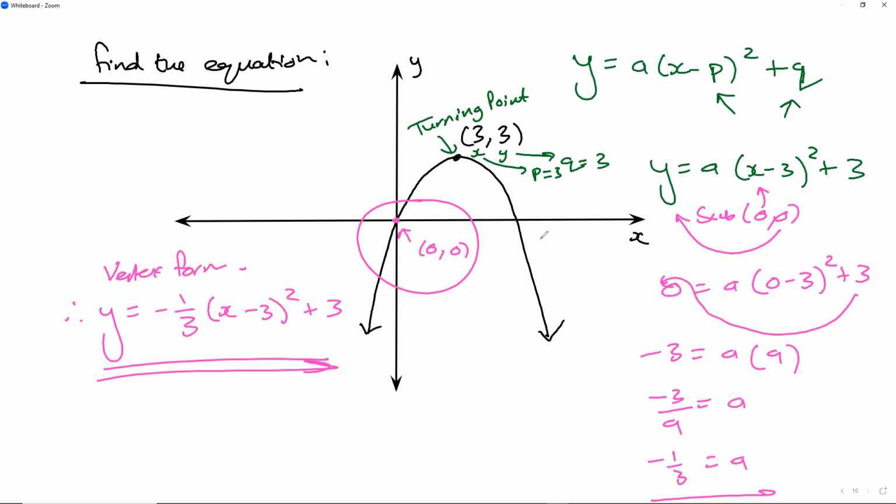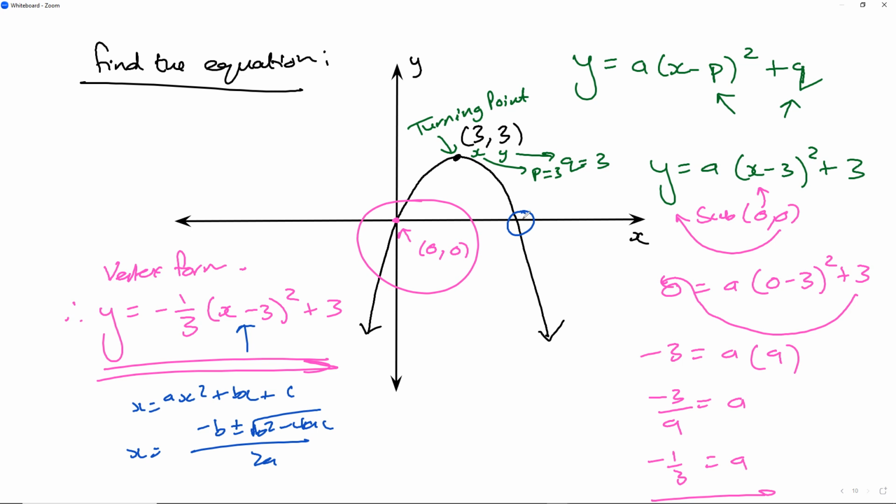I could use the quadratic formula and get my other x value, but there could be another way. How do I find this other x value over here? I'd have to multiply this out, get it into the form ax squared plus bx plus c, and then use the quadratic formula, minus b plus minus the square root of b squared minus 4ac over 2a, which seems quite tedious, right?